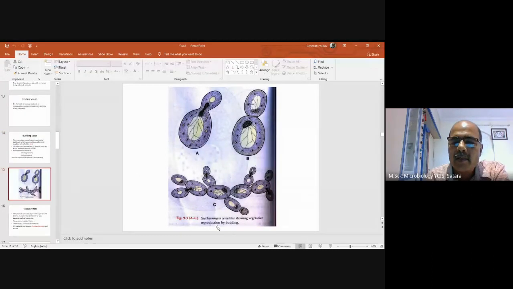Budding yeast: Saccharomyces cerevisiae showing vegetative reproduction by budding.